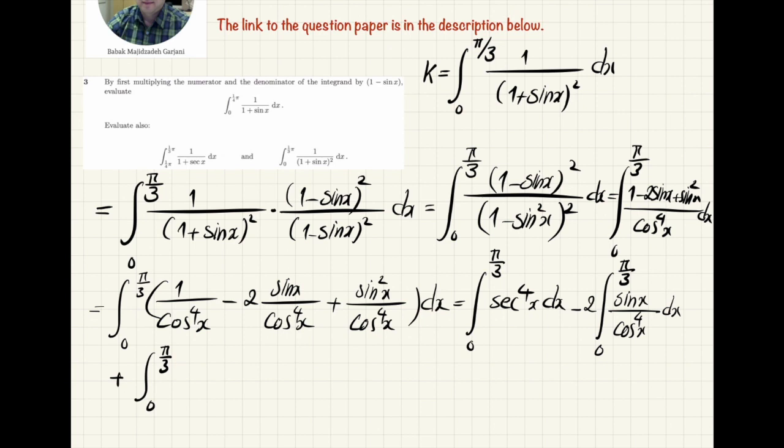And then I will be left with 1 over cosine squared, which is secant squared. So you can write this expression in this form: sine squared divided by cosine to the 2 multiplied by 1 over cosine to the 2. This first bit is tangent squared and this is just secant squared. So then this becomes secant to the 2x dx.